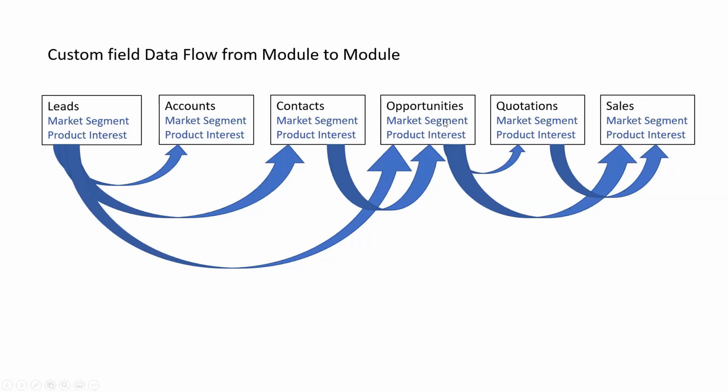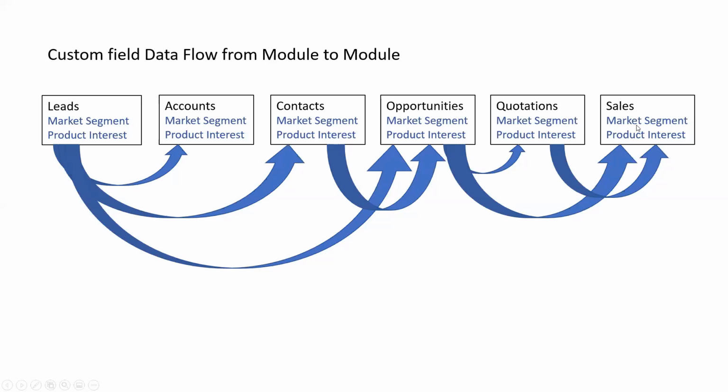Or if you convert an opportunity to a sale, the data will flow into the sale record. If you go from opportunity to quote and then quote to sale, then the data will flow from the quote record to the sale. So you basically, if you start with leads, can get one field to flow throughout the entire database.